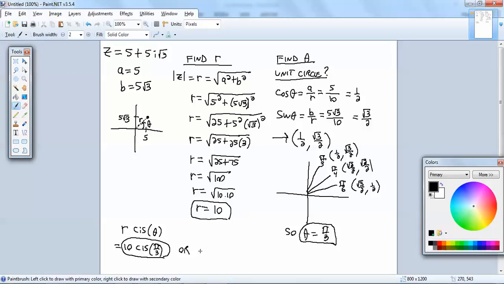Or, you'll see some books will say 10, and then they'll put cosine of pi over 3 plus i sine pi over 3. So you should feel comfortable with either form. They're the same thing. The CIS you see here is short for your cosine, your imaginary i, and then sine. Okay, that's a polar representation.